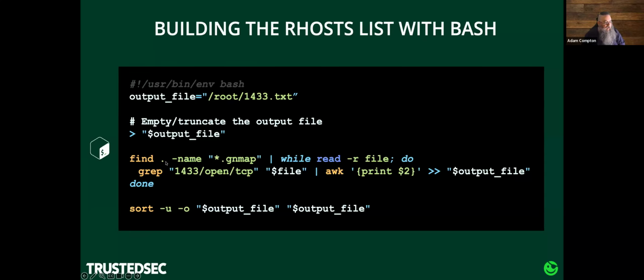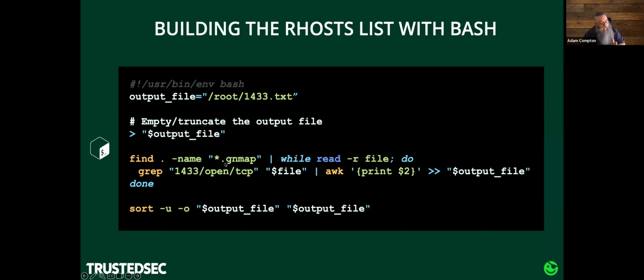Now, starting in my local directory, I'm finding all the asterisk.gnmap files. Maybe I ran multiple different scans and I have a bunch of different ones out there. Maybe I targeted each individual IP and it wrote out a gnmap file.